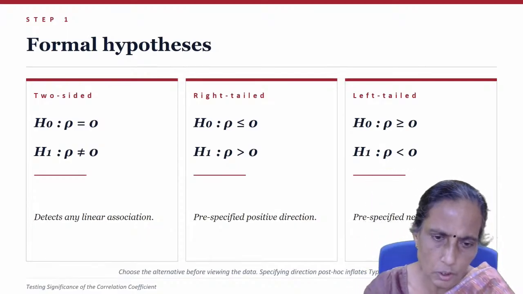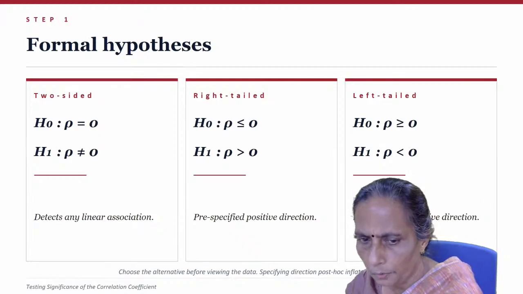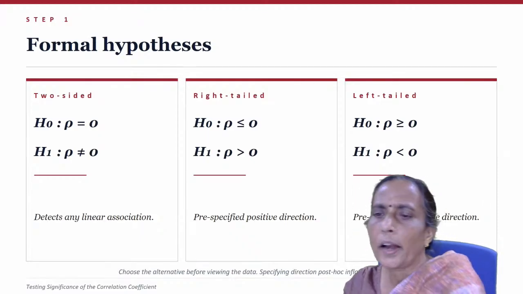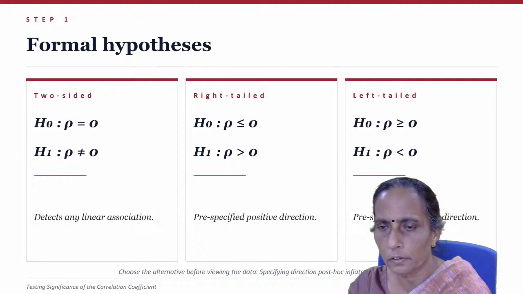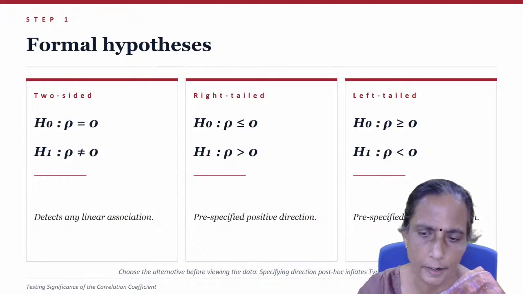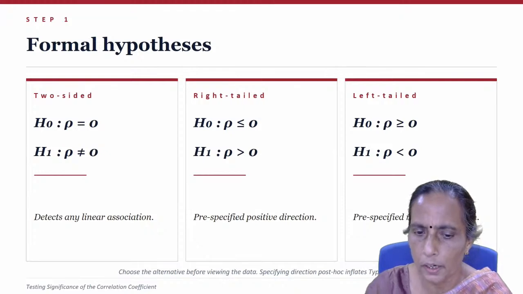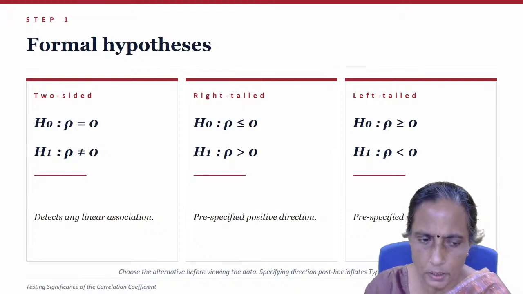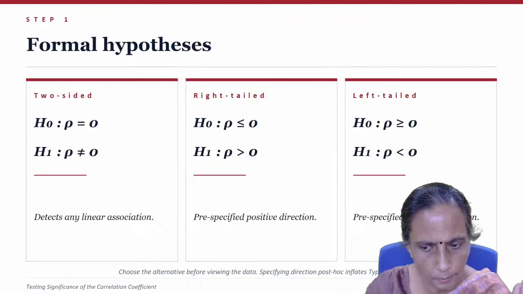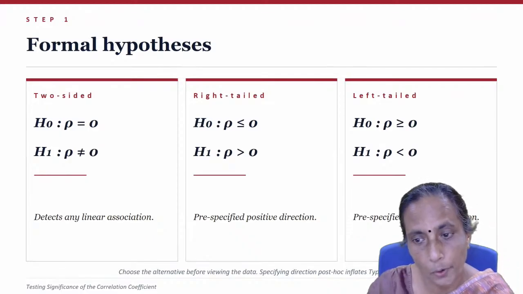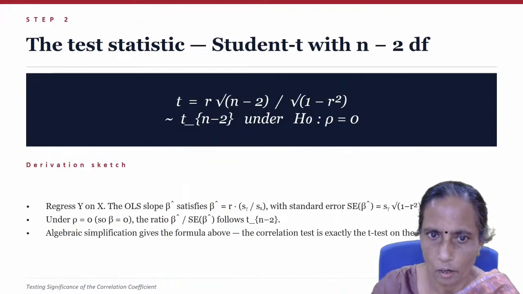It detects any linear association; this one is right-tailed, pre-specified positive direction, and this is left-tailed, pre-specified negative direction. Choose the alternative before viewing the data; specifying direction post hoc inflates type 1 error.